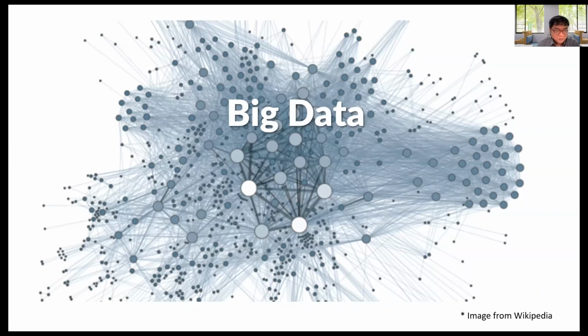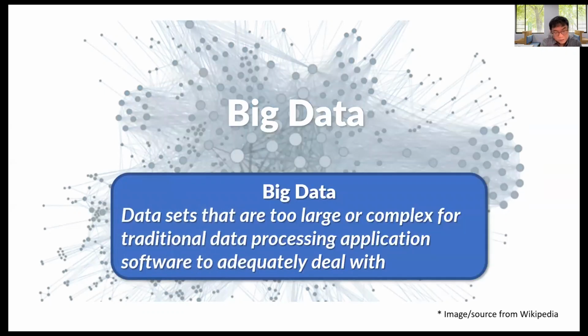We frequently use the terminology big data. Big data means data sets that are too large or complex for traditional data processing applications to adequately deal with. That is the meaning of big data that can be found in Wikipedia.